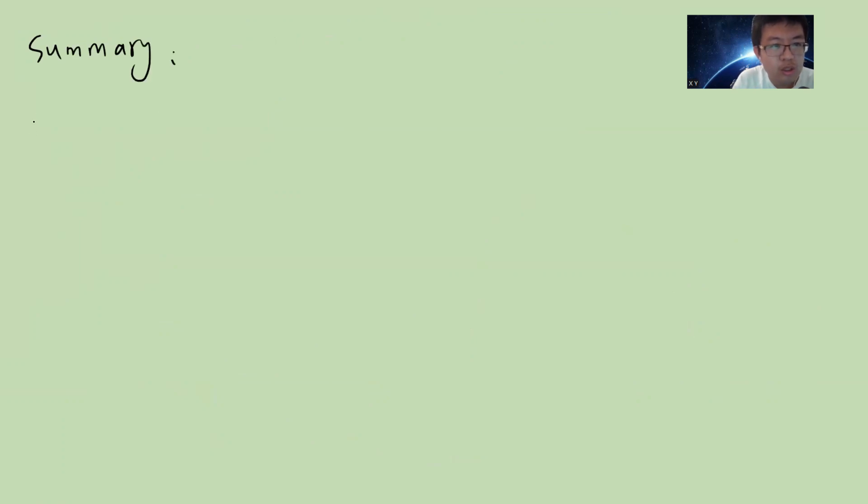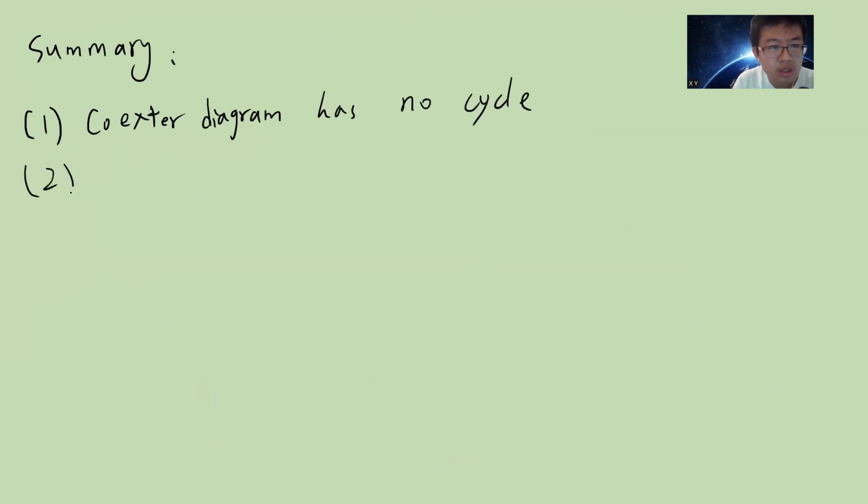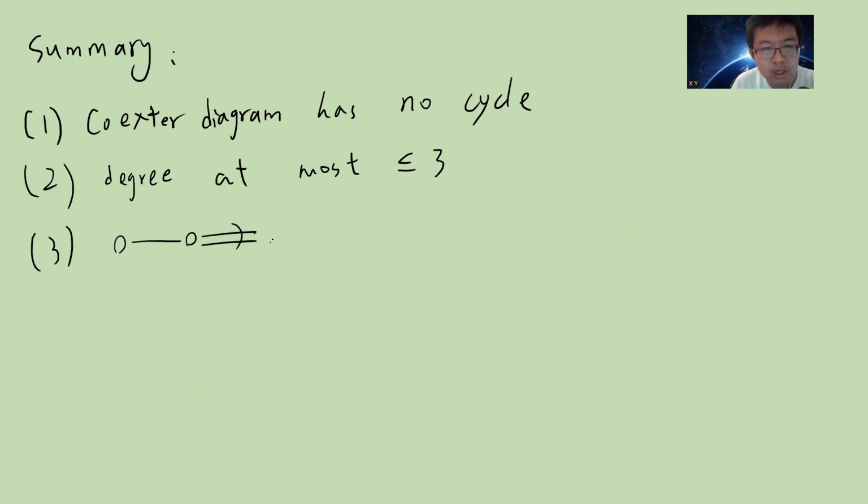So the first rule is that the Coxeter diagram has no cycle. And the second one is that the degree is at most 3. And the third one is that these are impossible.